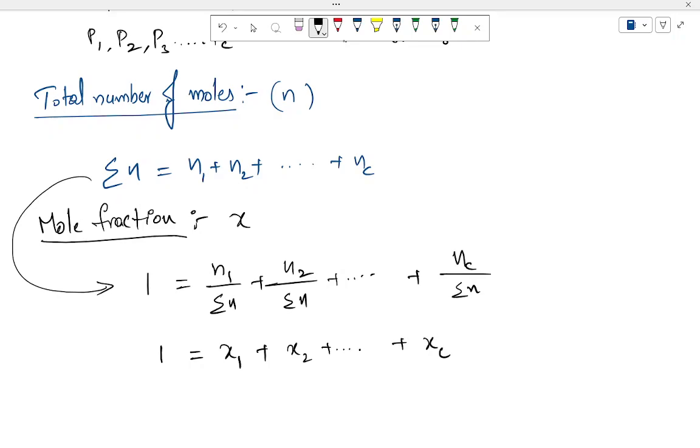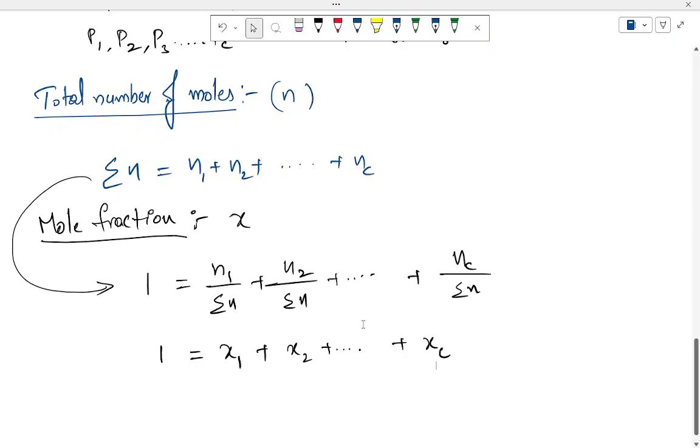So this x1 is nothing but the mole fraction of gas 1. x2 is the mole fraction of gas 2, and so on. We will have the mole fractions in this fashion. To put it simply, the mole fraction is the ratio of the number of moles of the given gas to the overall number of moles.